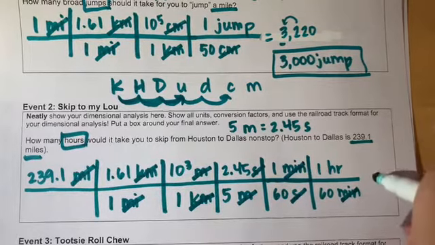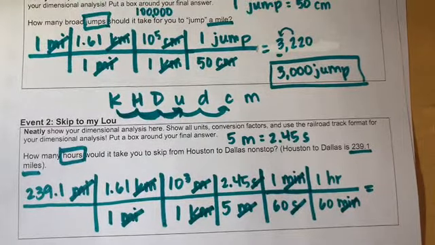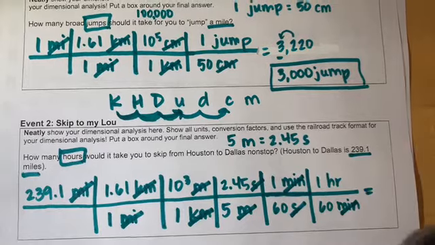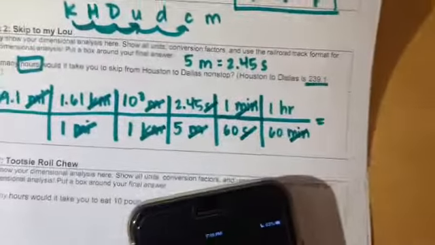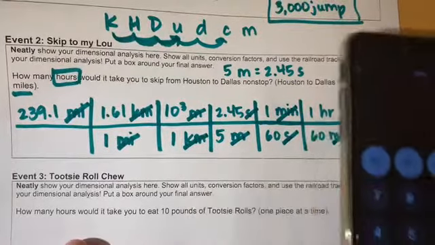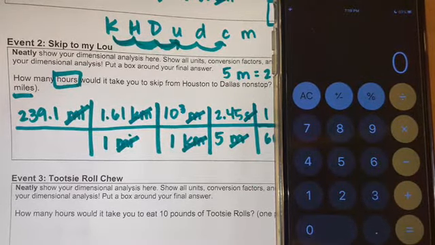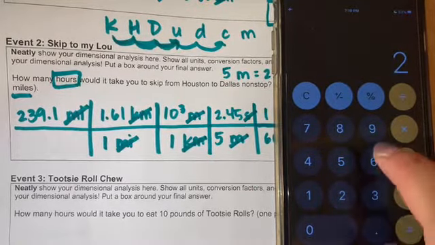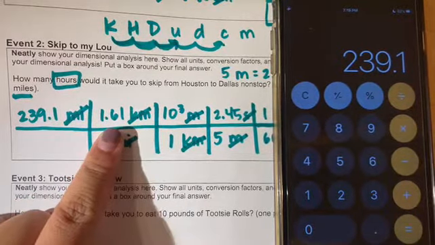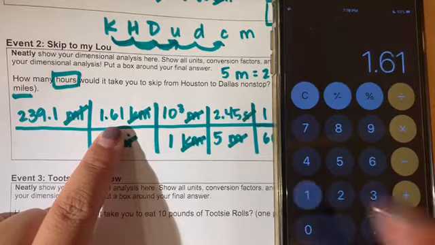That means we are ready to calculate. Let me pull up my calculator and clear that out. Remember, any number that we have on top is going to be multiplied, and any number on bottom will be divided. The number on top is 239.1. Then we times that, because it's on top, times 1.61.